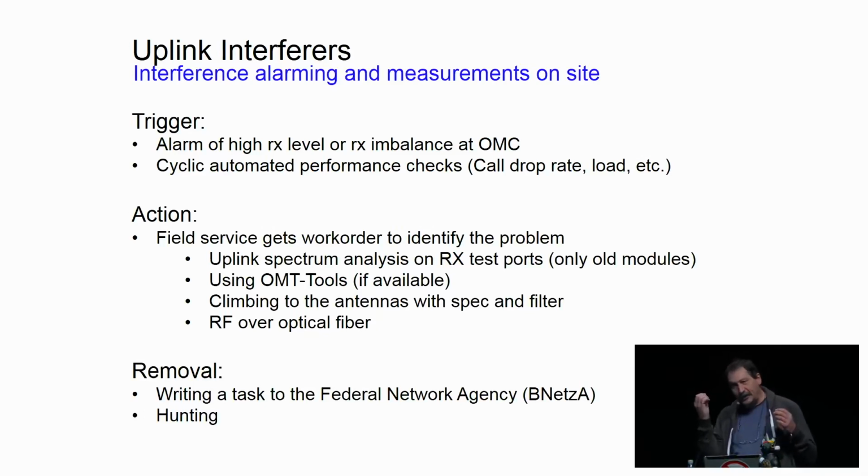For instance, if on one antenna path there is more amplitude than on the other one, then it's an anomaly. You can detect it. They should have more or less the same amplitude all the time.